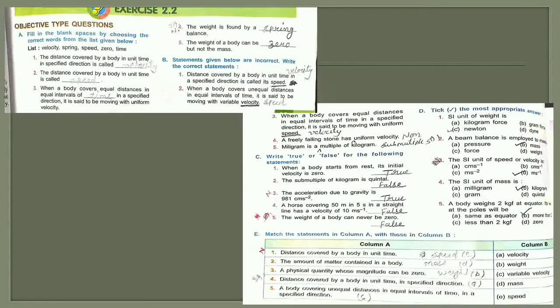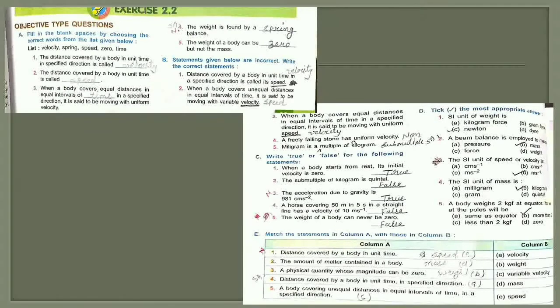How is it? It has the non-uniform velocity because when we throw that stone in the upward direction, it will change its direction. It will come down. That means either the distance or the speed will change, or that direction is changed. So it will be the non-uniform velocity.